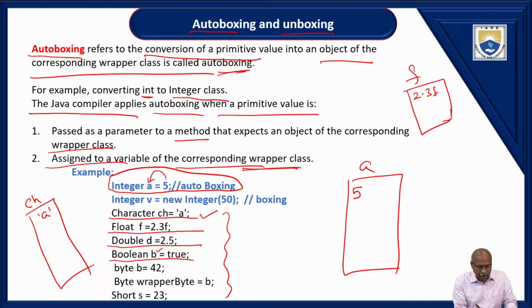Similarly, Byte b, also an object where the value 42 is stored. Similarly, Short s = 23, so 23 is now stored in the object. These are all wrapper classes and wrapper class objects. So whenever you are assigning some value to the wrapper class data, automatically the autoboxing concept will be enabled. The process of storing the primitive data in an object is called autoboxing.